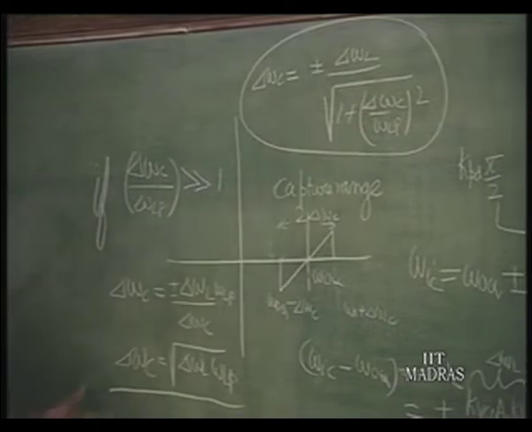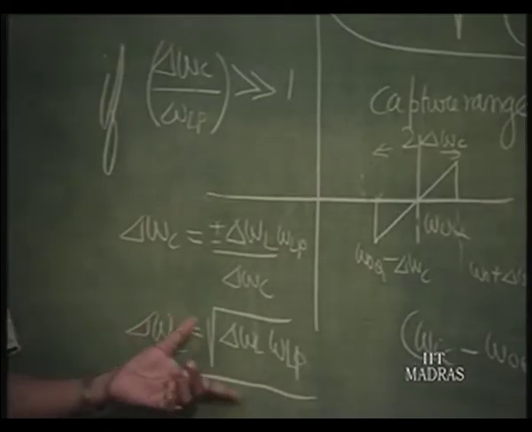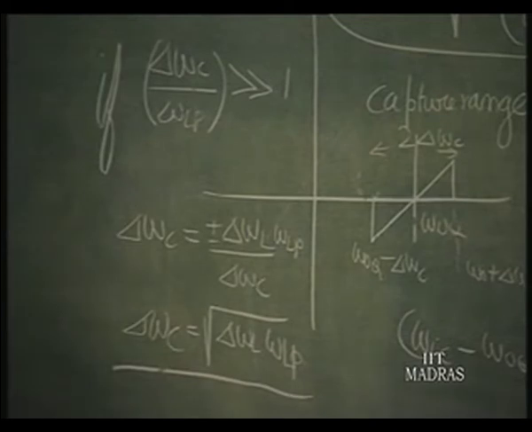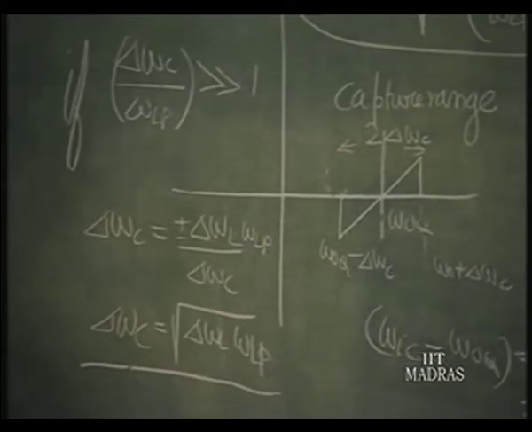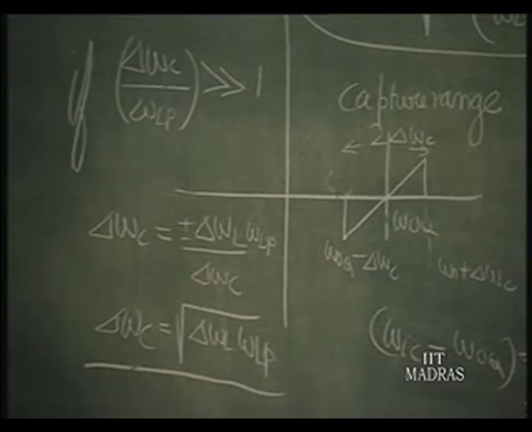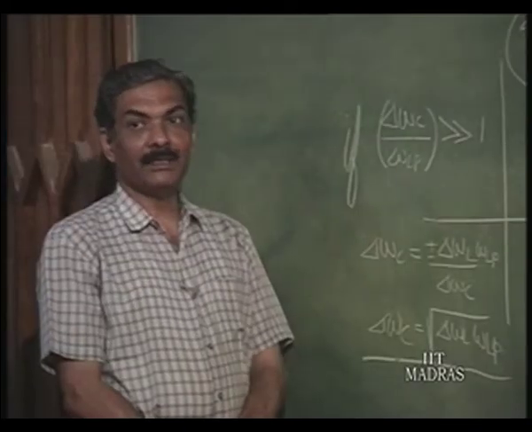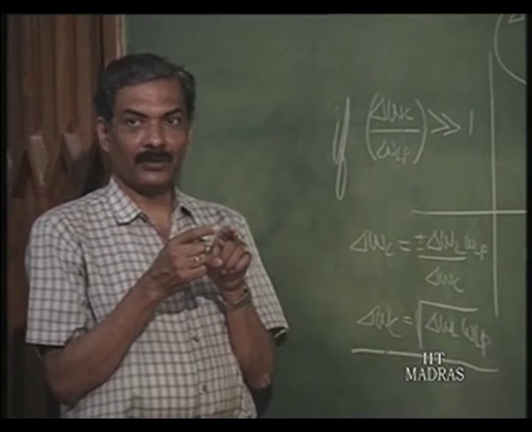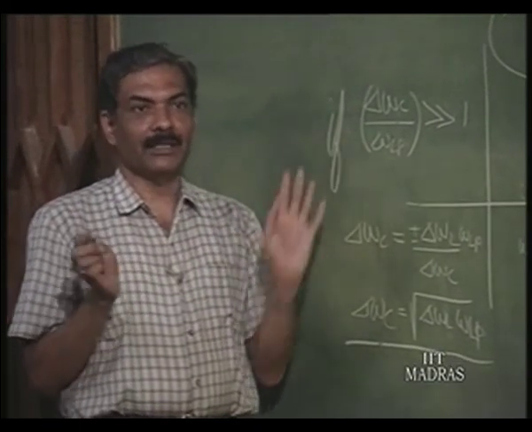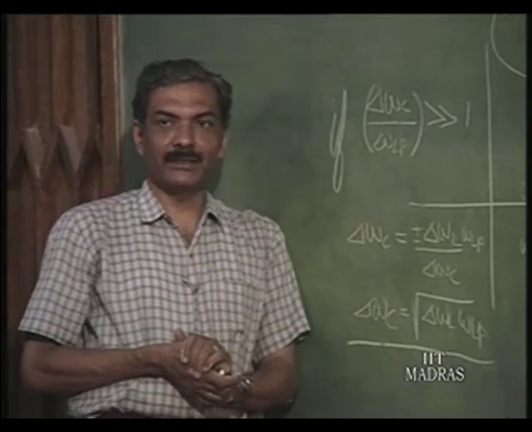So, capture range is root of lock range into low pass filter cutoff frequency, right. So, you will see that this is an important aspect of phase lock loop design. The capture range can be made very narrow around omega naught q, so that it does not capture at all other frequencies around omega naught q.